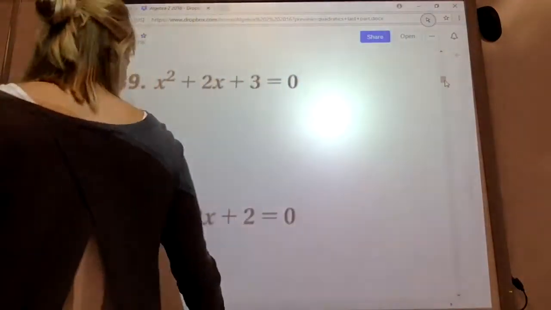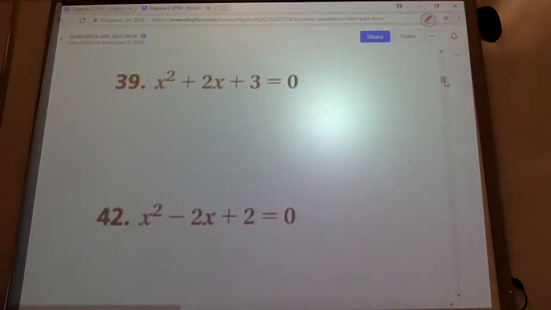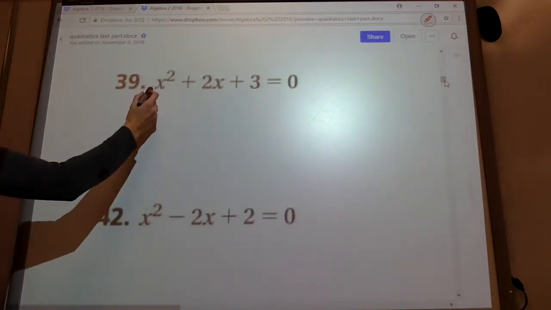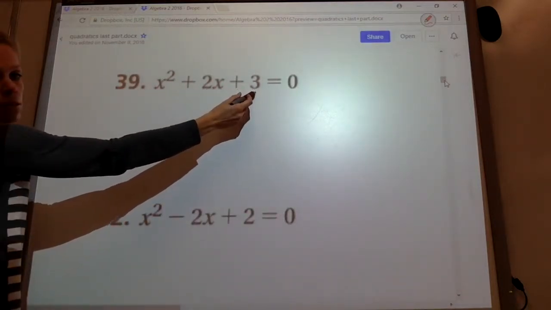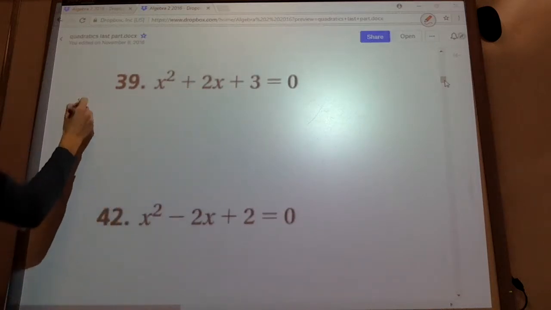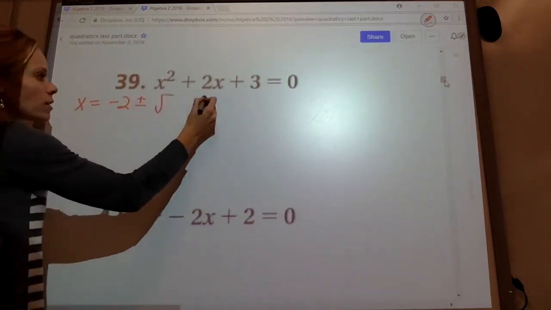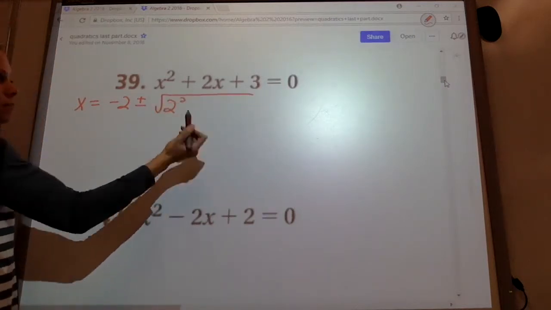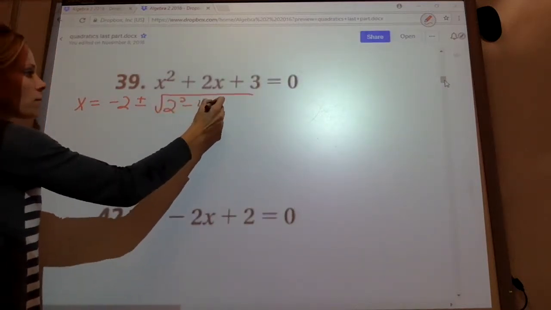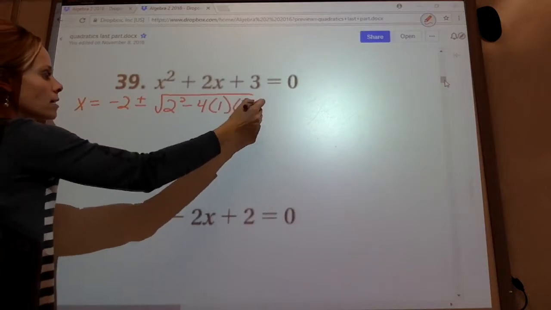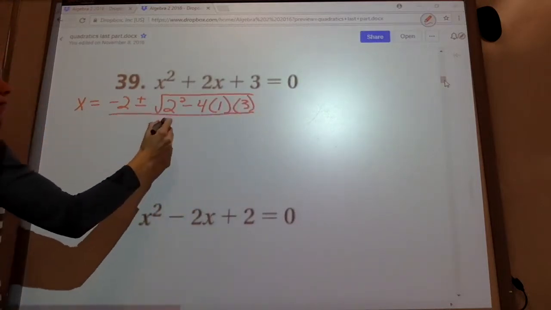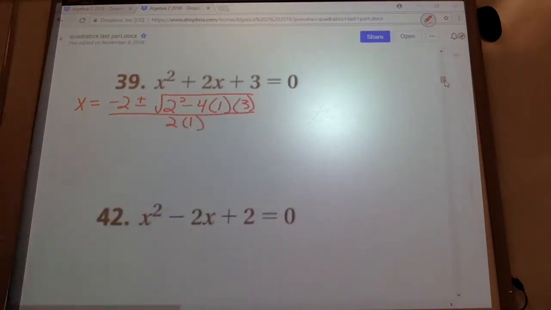So you're going to need quadratic formula. They're not going to be factorable, obviously, because they're going to be complex numbers. So a is 1, b is 2, c is 3. So quadratic formula: negative b plus or minus the square root of b squared minus 4 times a times c, all over 2 times a. Right?